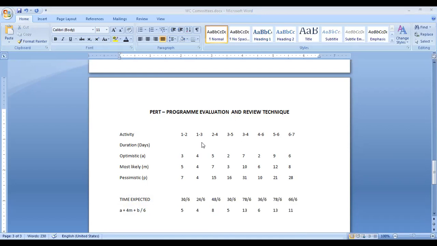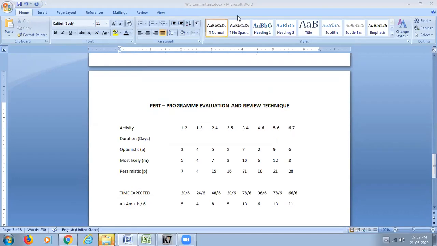First go for a new sheet. So let us draw the network.